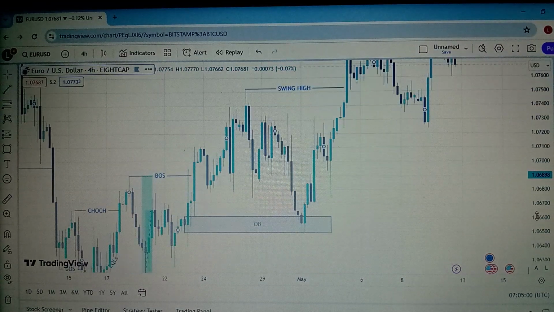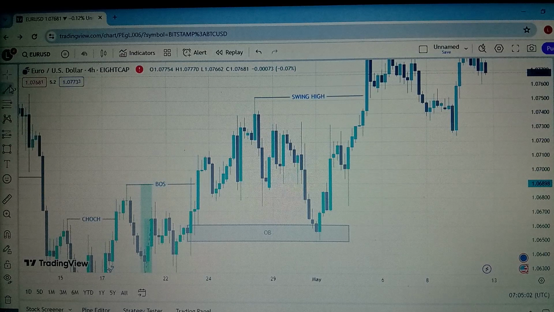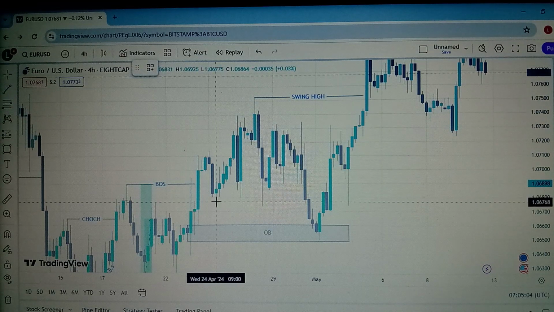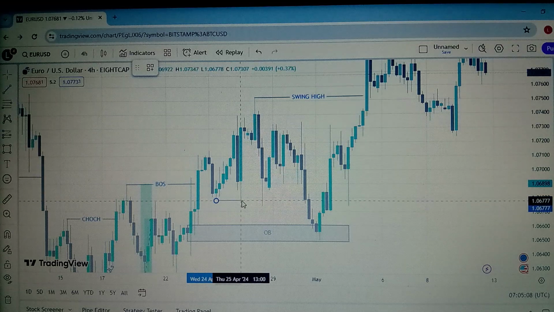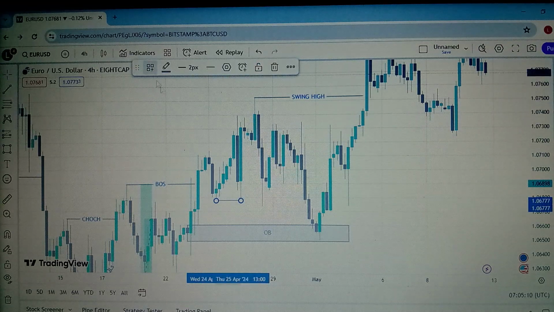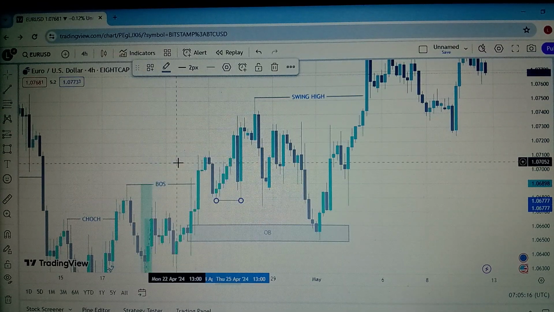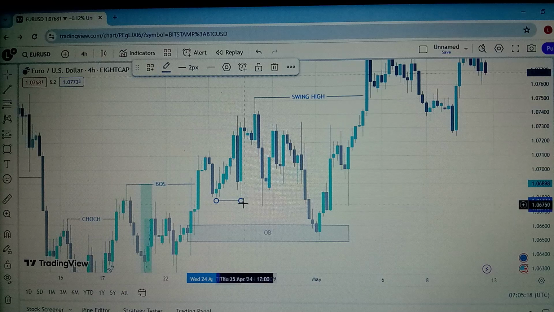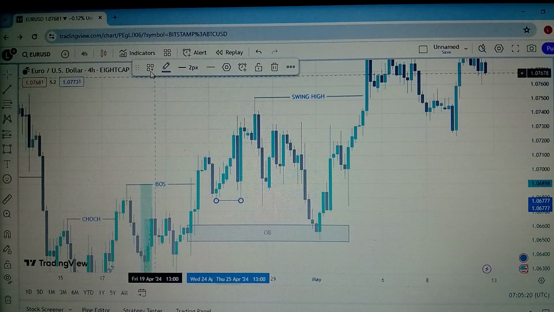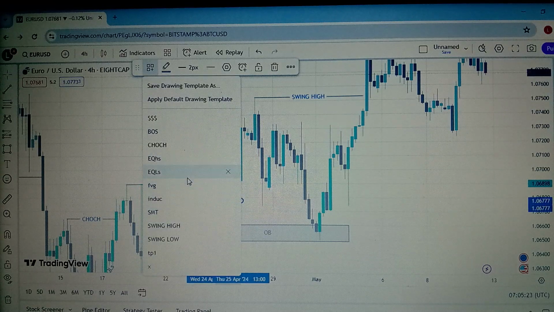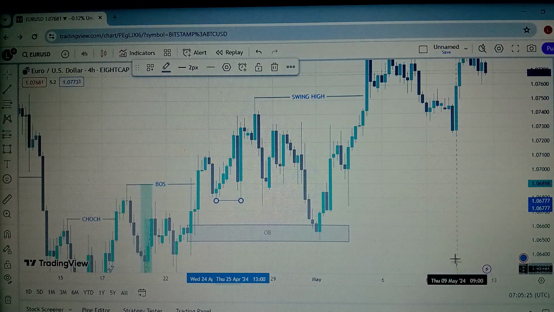Anyway, price pulls back. You could see that we had relatively equal lows right here. Eventually those lows were taken, equal lows, not equal highs.